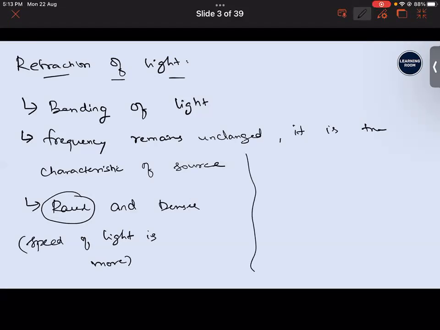So then we saw another concept called refractive index. What is the refractive index? Ratio of speed of light in, that is the relative, air or vacuum to medium or medium to air or vacuum?